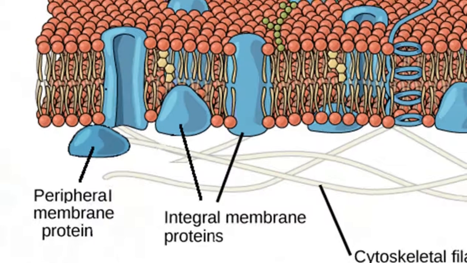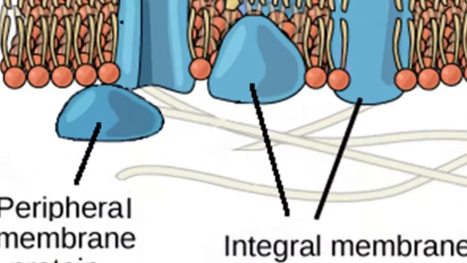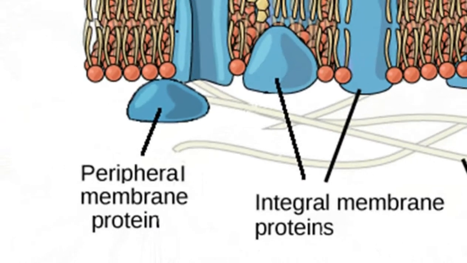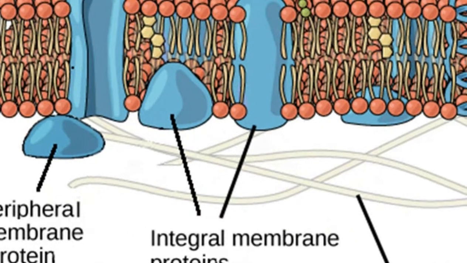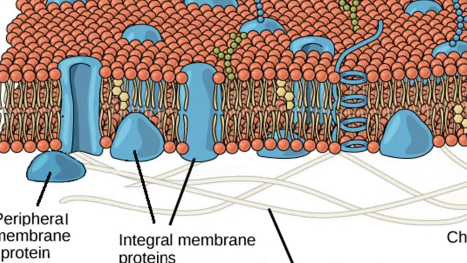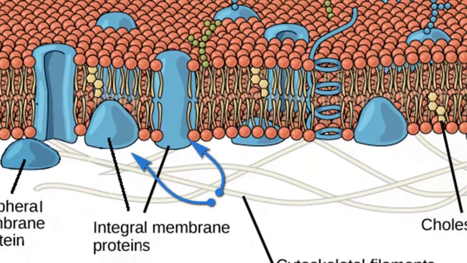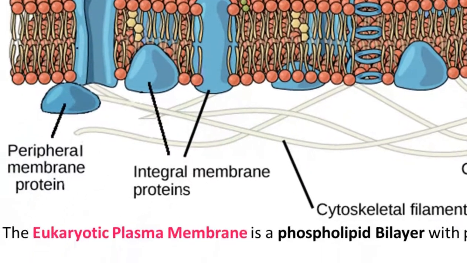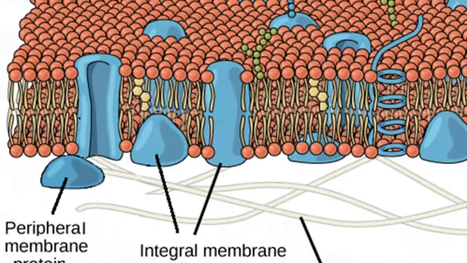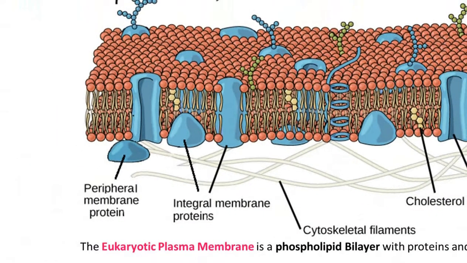The proteins present on the surface of the plasma membrane are known as peripheral membrane proteins, and the proteins either partially or completely buried or integrated into the membrane are known as integral membrane proteins.